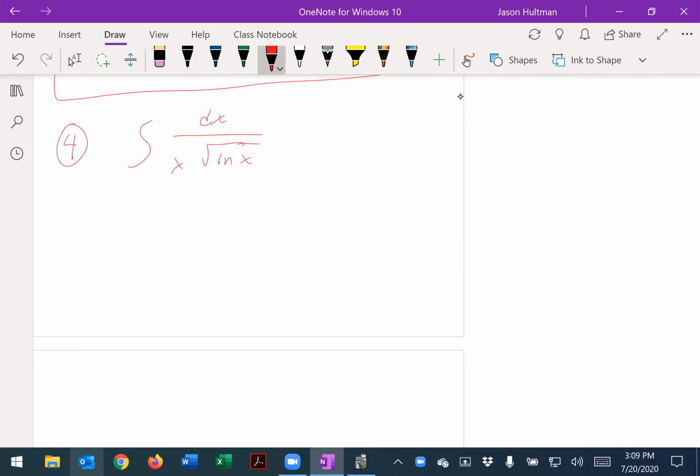What do I want for my u sub? Well, don't I have a 1 over x already? 1 over x dx. The derivative of natural log is 1 over x. So I could get my u du here pretty easily if I let u equal natural log of x, because we can then let du equal this 1 over x dx.